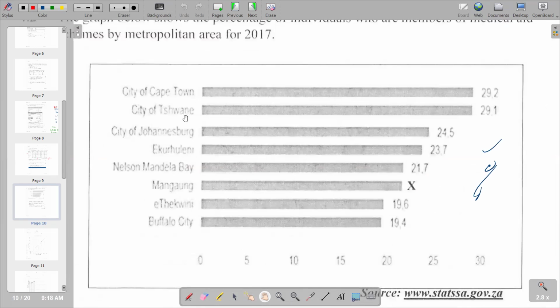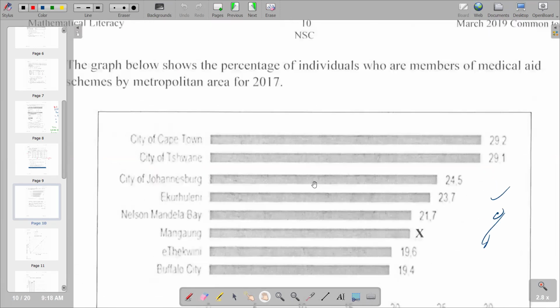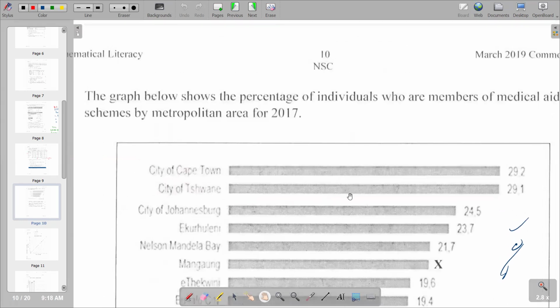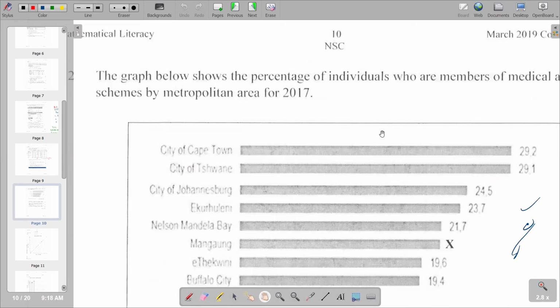City of Cape Town and Tshwane are the ones with the highest number of people who belong to the medical aid scheme. So what can be the reason? Obviously, the reason can be because of a higher population in those areas. So if there's a higher population in those areas, obviously there is a greater probability that we have also more people that are going to join the medical aid scheme. So basically that can be the basic reason that we can give.